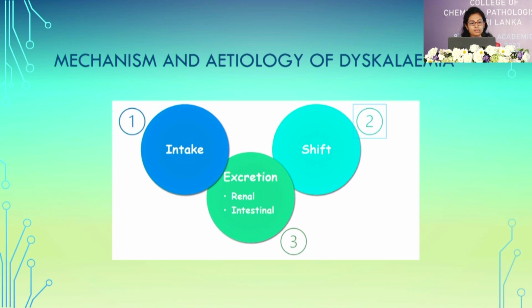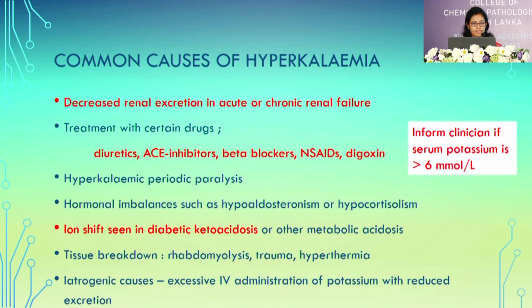Dyskalemia can occur when there is a change in intake or excretion, or when there is a shift in ions. These are the common causes of hyperkalemia. Decreased renal excretion in acute or chronic renal failure. Then some drugs can also cause hyperkalemia, such as diuretics, ACE inhibitors, beta blockers, NSAIDs and digoxin.